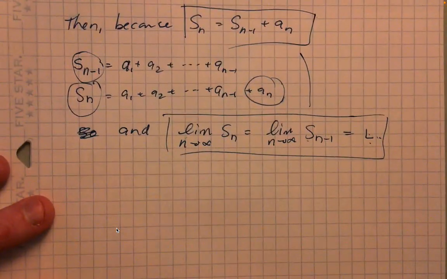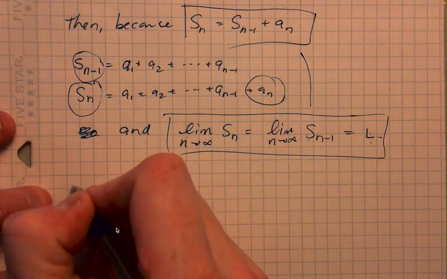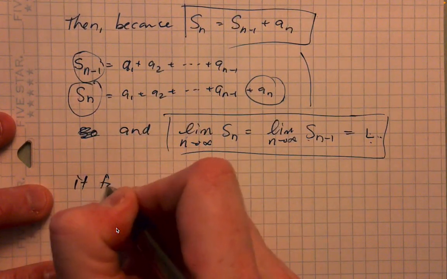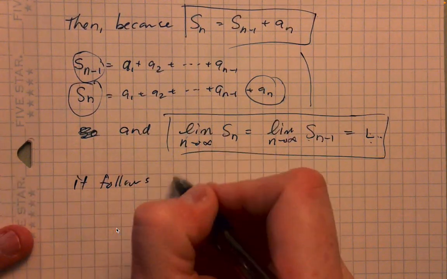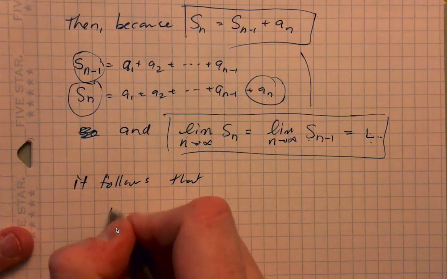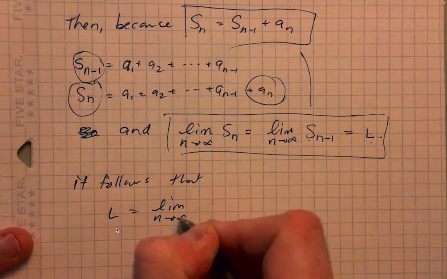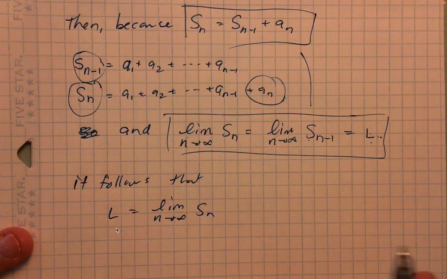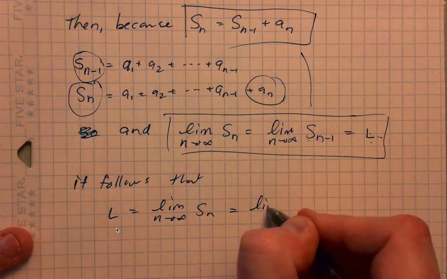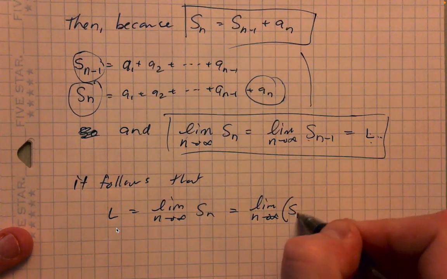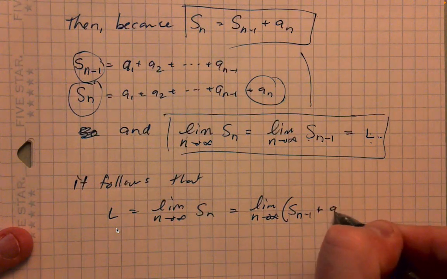Okay, so because of those, it follows that L is equal to the limit as n goes to infinity of S of n, which is equal to the limit as n goes to infinity of S of n minus 1 plus a of n.